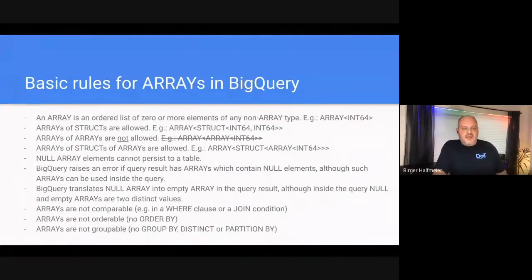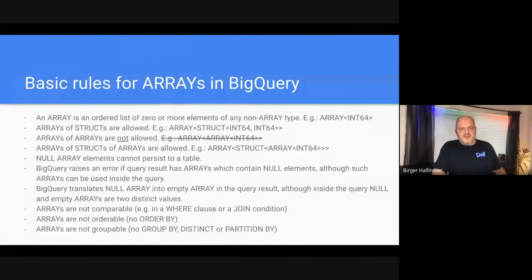You cannot have null elements in your array, so they certainly can't be persisted. They also can't be in your output result set when you write a query, but you may have them in your subqueries as long as that doesn't surface all the way to the top. If you have a null array, which is not the same as an array with null values, that basically gets turned into an empty array.